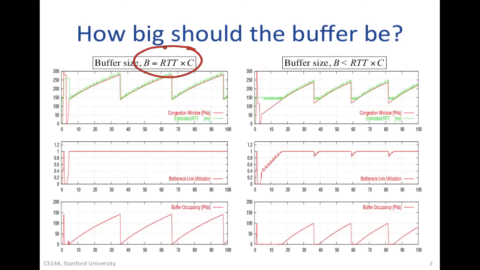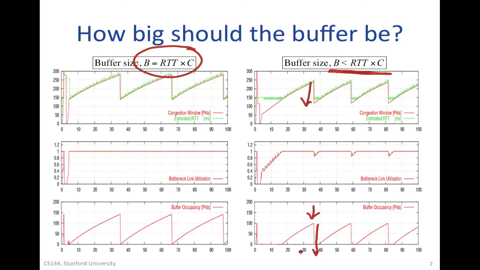If we were to make the buffer a little bit smaller, and that's what we're doing here, then what happens is that after there's been a drop, which is taking place here, when the window size decreases and is halved according to the AIMD rules, the buffer will fall because we have fewer outstanding bytes in the network.